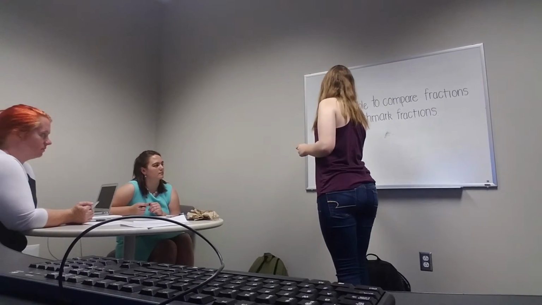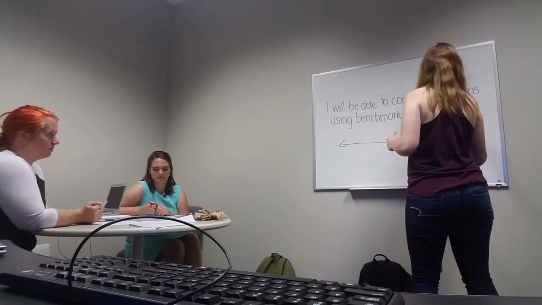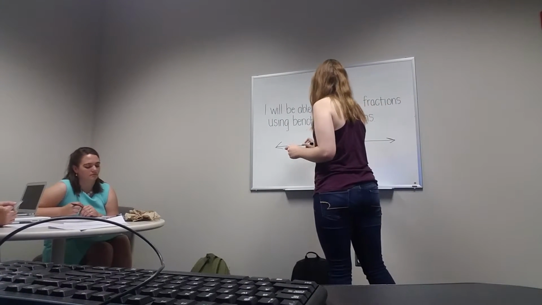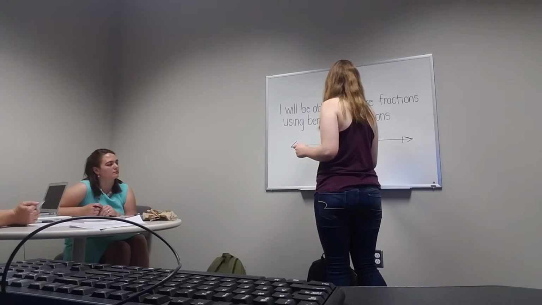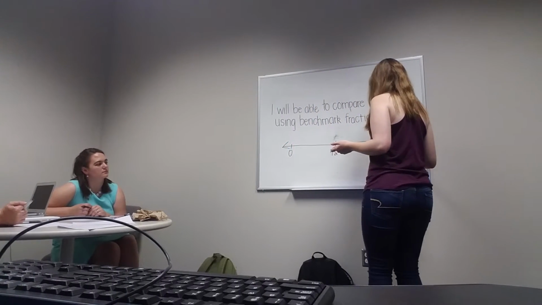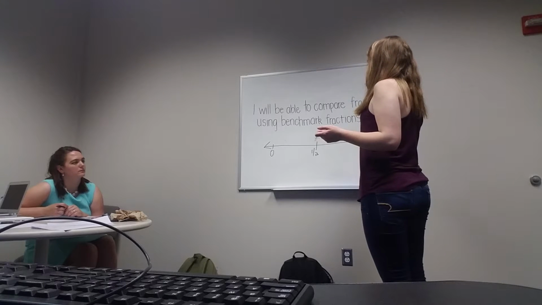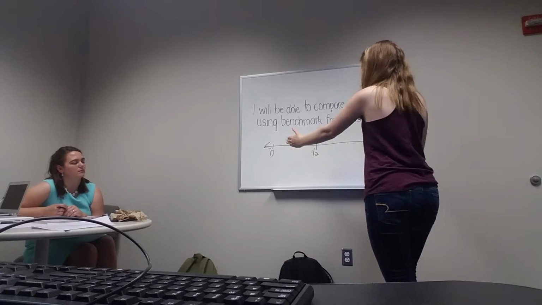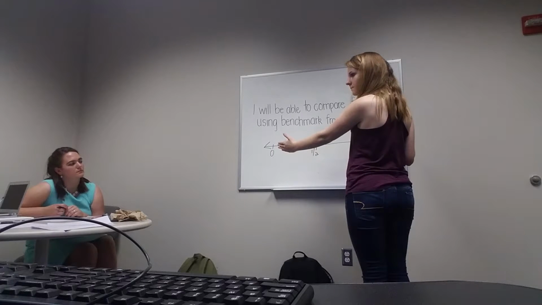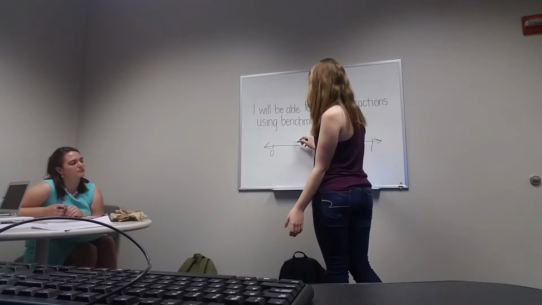So we'll do what we did the last time and we'll start with our benchmark fraction of 1/2. So we have 0, 1/2, and then 1. And so if we're doing fourths, how many sections are in 1, between 0 and 1? 4. 4, exactly. It's the denominator.